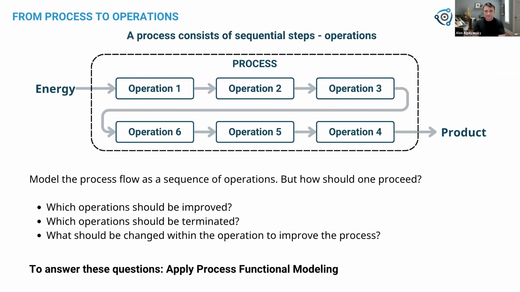Now, if we dive deeper into the process, right, every process is built out of a series of operations, right? Many times people describe a process as a potentially ramified diagram, with potentially parallel tasks, and so on.